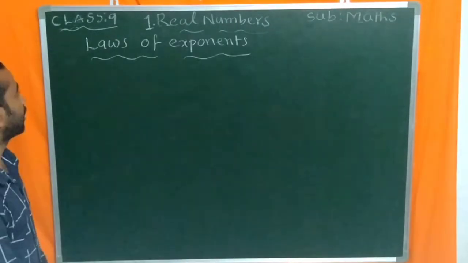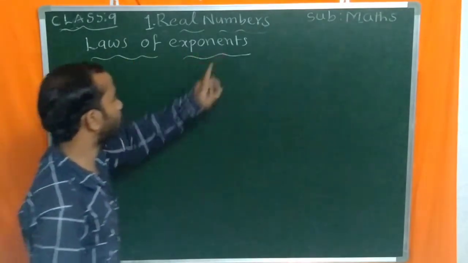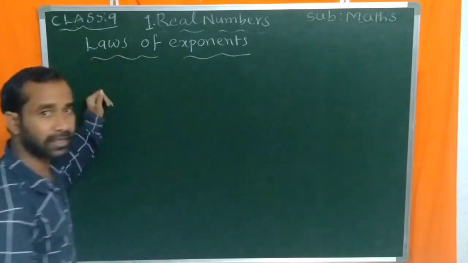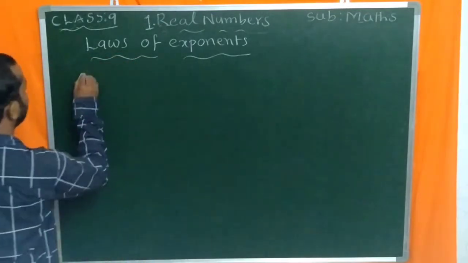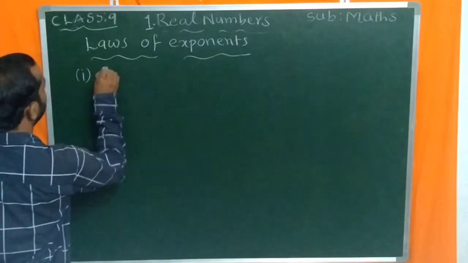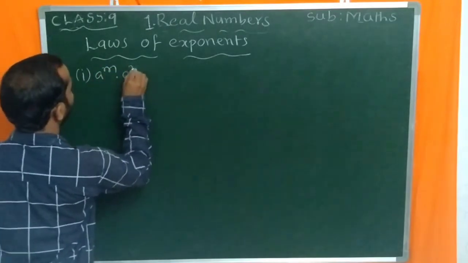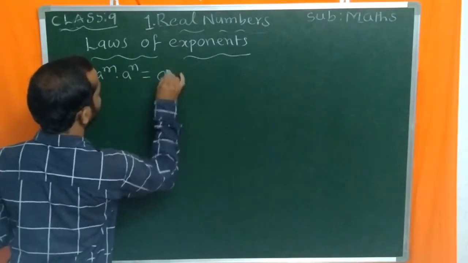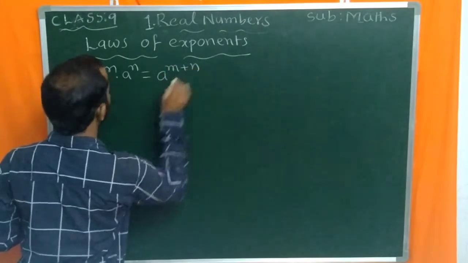Next, laws of exponents, already learned in 8th class. First law: a to the power of m into a to the power of n equals a to the power of m plus n.